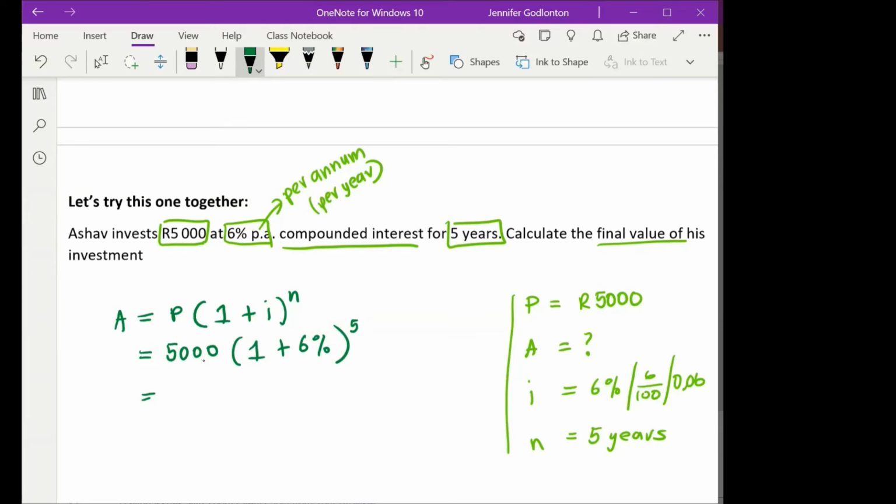2,000. Okay, I think maybe your 6% might be somewhere else. If we got 2,000, that is going to be less than 5,000, and we know our amount has to be more. But I love that you answered.